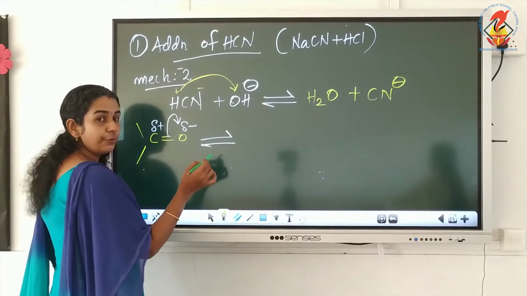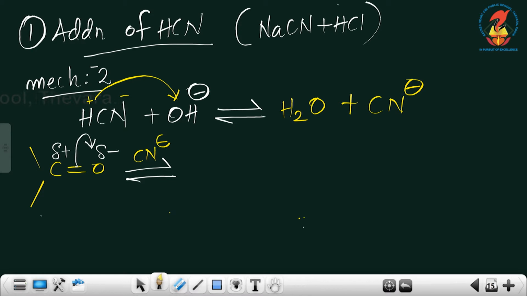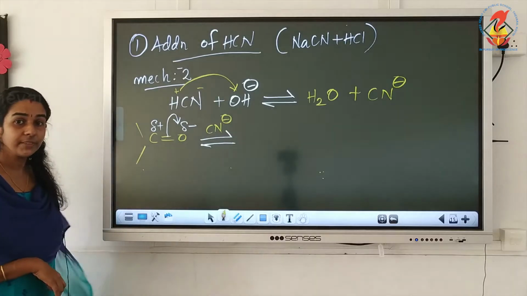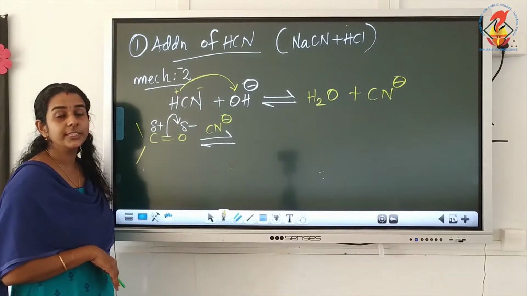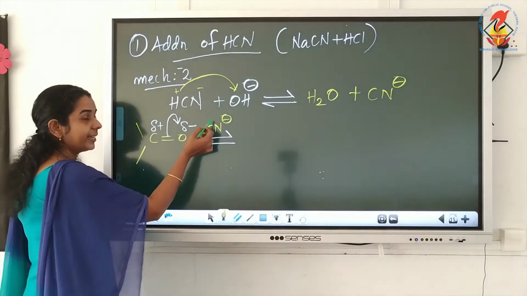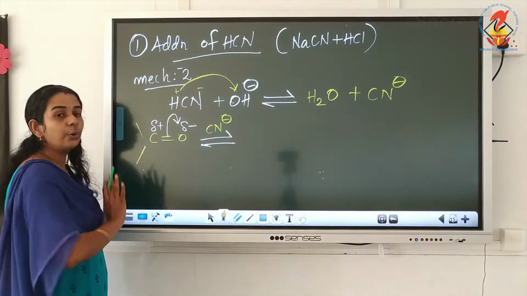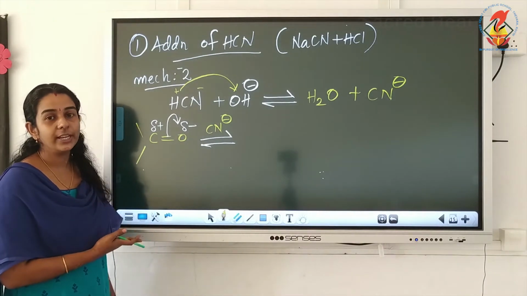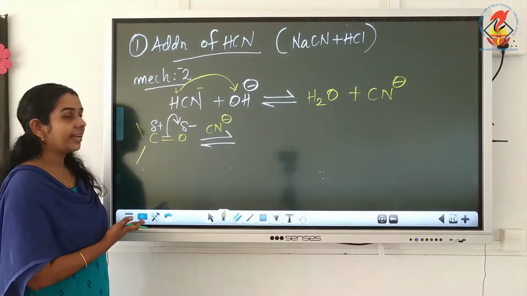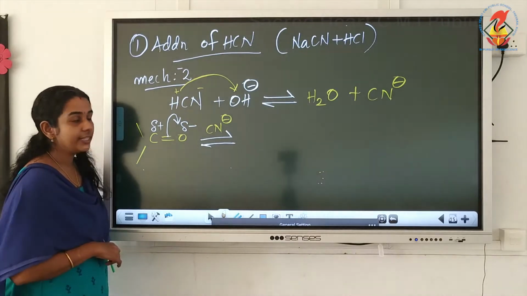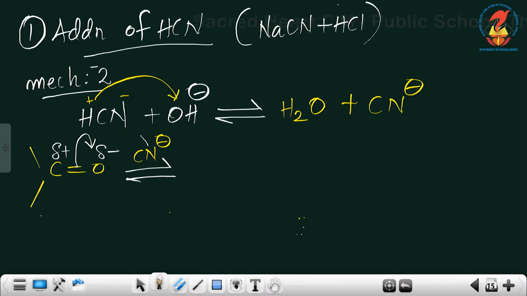So, here the nucleophile is CN minus. Now, how does the attack of this nucleophile happen? They will be attacking in the perpendicular direction, and all those things we need not represent here. So, CN minus, how will it be attacking? Perpendicular direction. If we want, we can draw it in perpendicular direction.